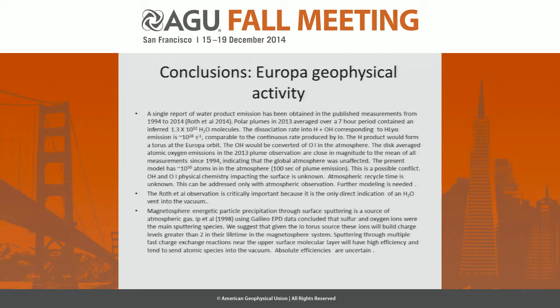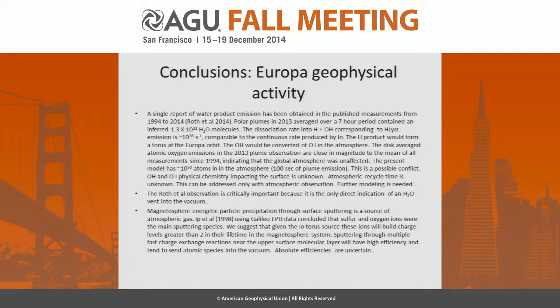So here is an issue. With the Roth results, I have no reason to disagree with what they've got, but want to point out some issues that have to be addressed here.